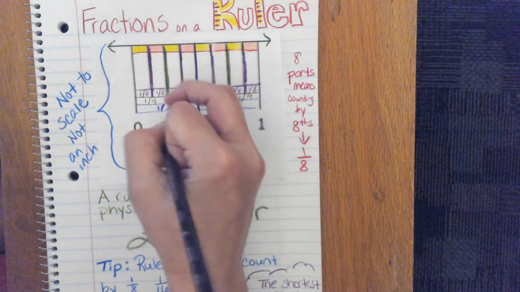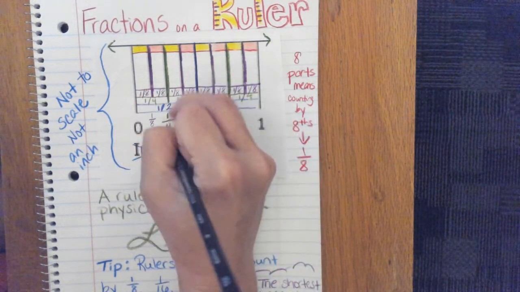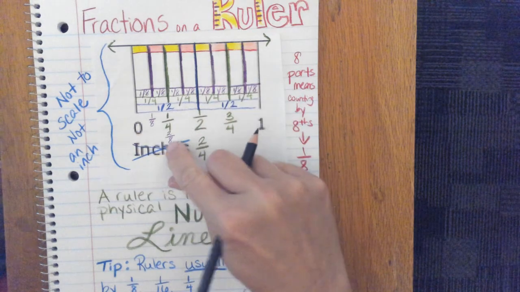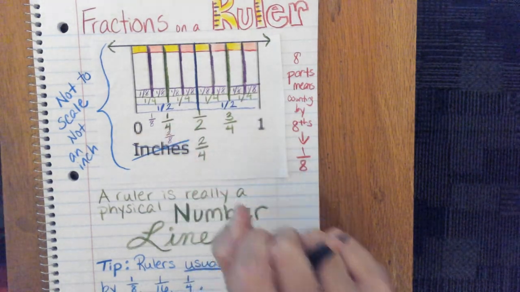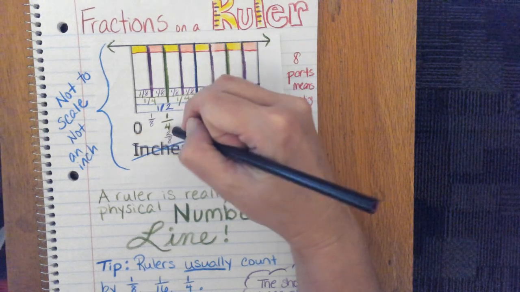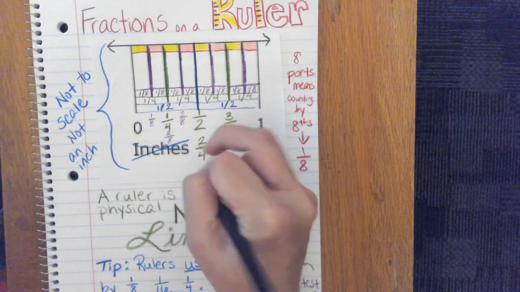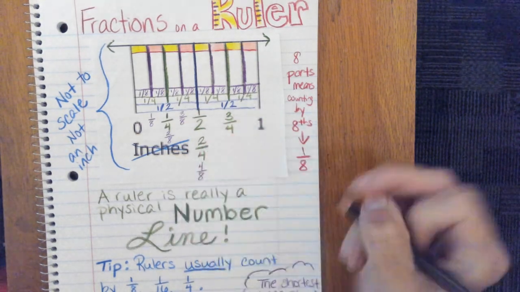And so down here, this would be 1/8. This would be 2/8. And 2/8 reduces to 1/4 because 2 divided by 2 is 1, 8 divided by 2 is 4. Okay, then 3/8, and then 4/8.